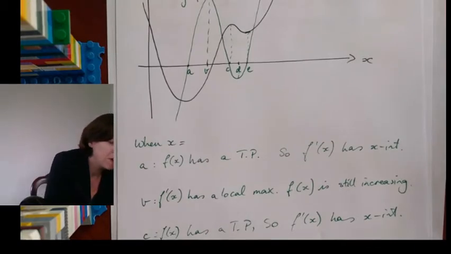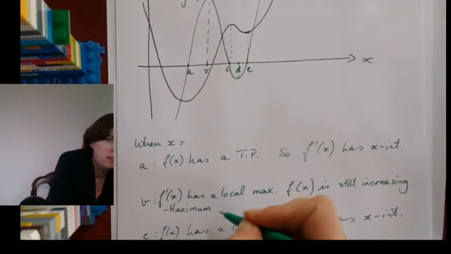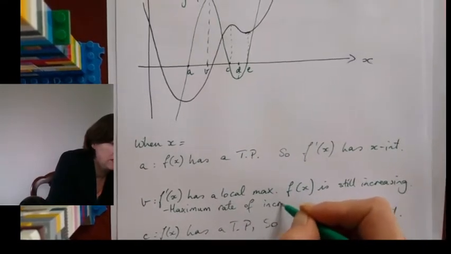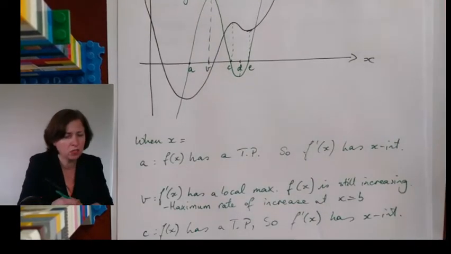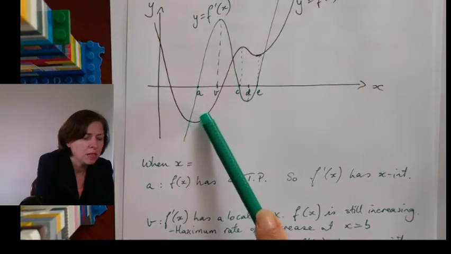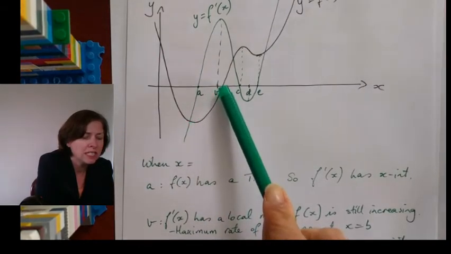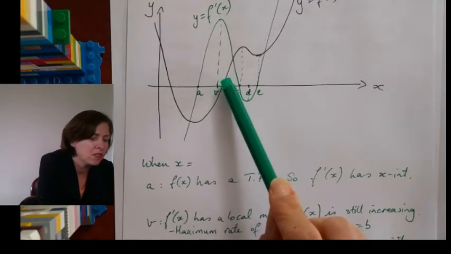What I have, in fact, is a maximum rate of increase at x equals B. So let's look at that. My graph gets steeper and steeper and steeper and steeper. It reaches its steepest point. Well, it's meant to be where x equals B, but I've drawn it maybe somewhere here.